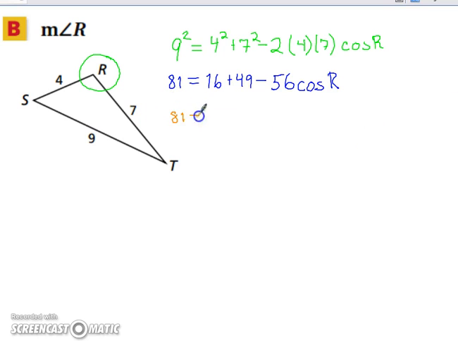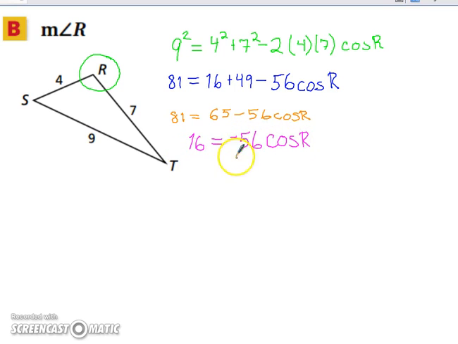Okay, so let's continue to make this problem look a little nicer here. So we've got 81 equals, so from left to right we can do 16 plus 49, which brings us to 65, minus 56 cosine R. And no, you cannot combine the 65 and the 56 because the 56 is attached to this cosine of R. You can subtract 65 from both sides, which will give you 16 equals this negative 56 cosine of R. And now we can divide by negative 56.